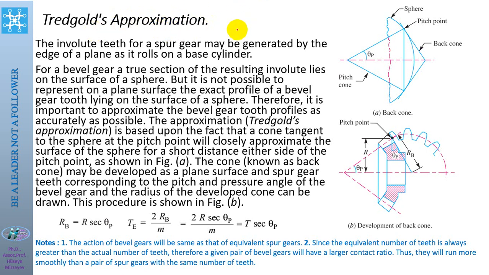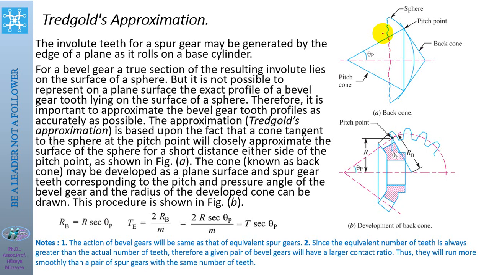We know that for the involute spur gears, the tooth profile may be generated by the edge of the plane which rolls on the base cylinder. But for the bevel gears, this may be seen as in this form. For the bevel gears, a plane rolls without sliding at the surface of the sphere.